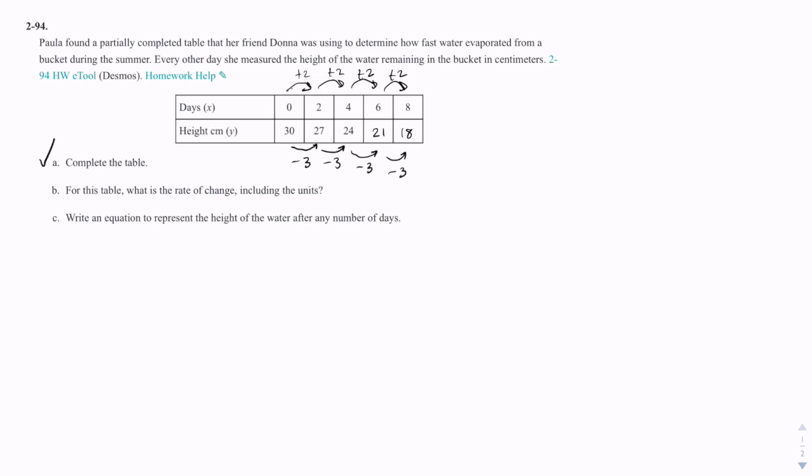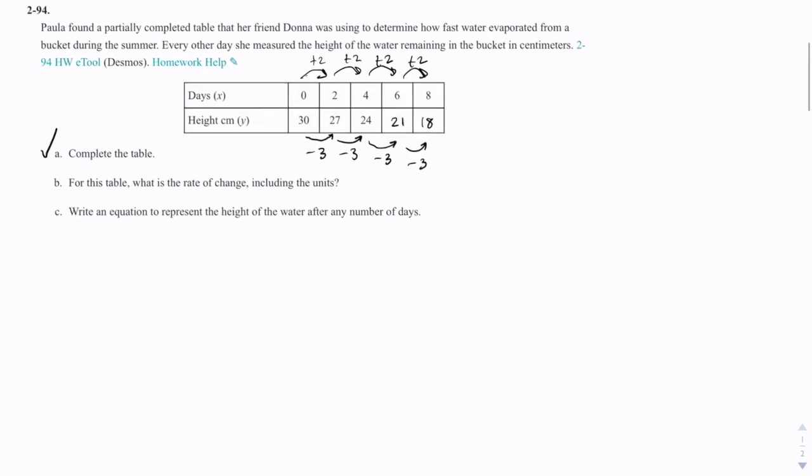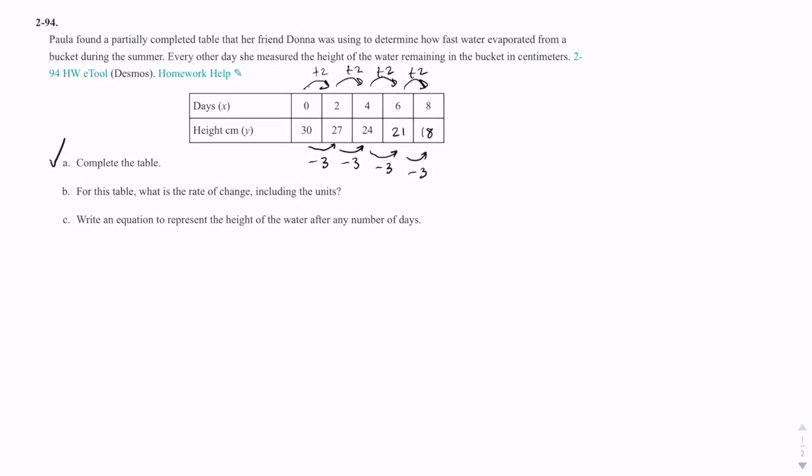Now, for B, they're saying, what is the rate of change, including units? Remember, rate of change, or slope, is given for how much y changes every time x changes 1. Now, we know that in this case the rate of change is y is changing -3 for every time x is changing 2, right?